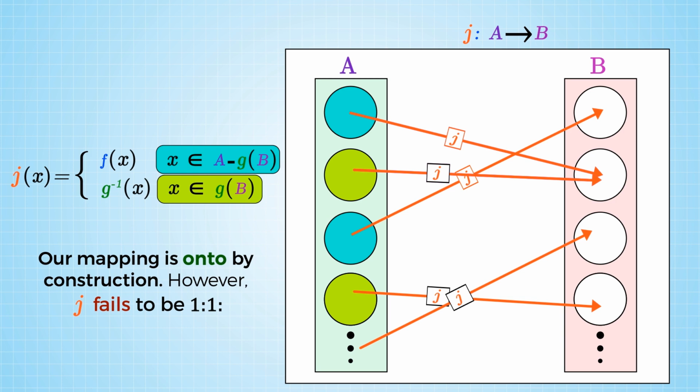Our mapping is onto by construction. However, J fails to be 1-to-1.